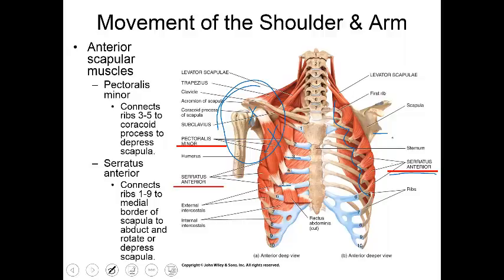What you're seeing here is the lateral border, so the other side is the medial border. It connects the medial border of the shoulder blade to ribs 1 through 9, right here. And it helps you abduct, depress and rotate the scapula. Abduction is movement away from the median.